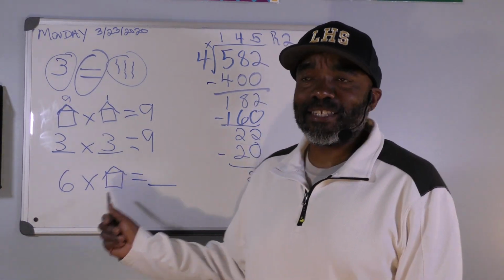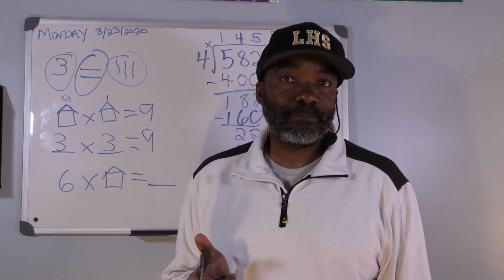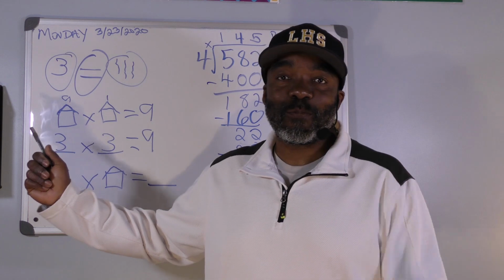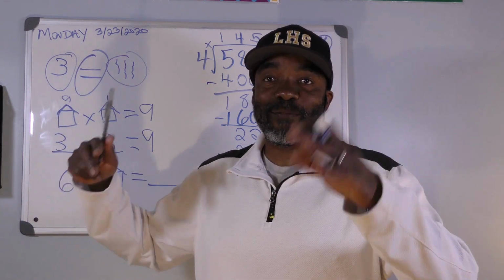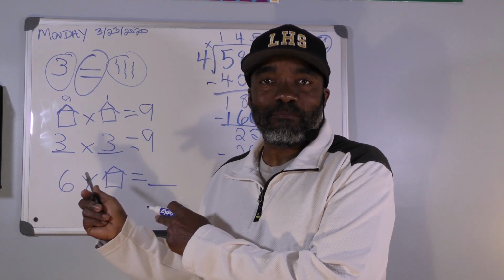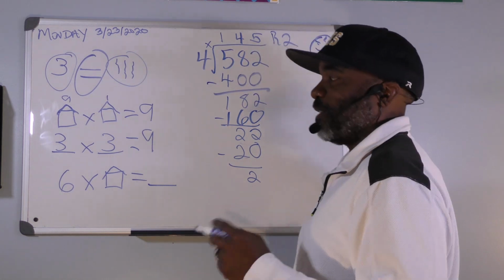If you got something that said 6 times a house equals what? Well, what's the value of the house? Truthfully, the value of a house right now is probably about $400,000-$500,000, but in our world, it's 3. So the value of the house is 3. Then that means this answer must be what?